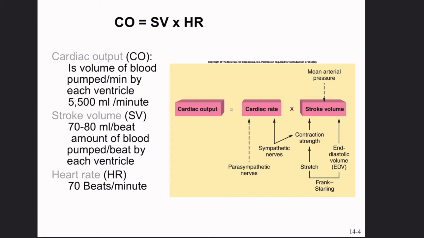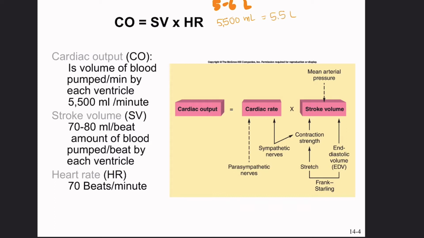If you remember, we spoke about the average volume of blood in an individual, and that's about 5 to 6 liters. So if we take the average, let's say it's 5,500 milliliters or 5.5 liters, same thing, right?